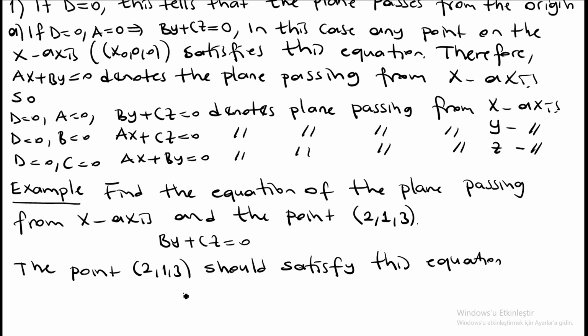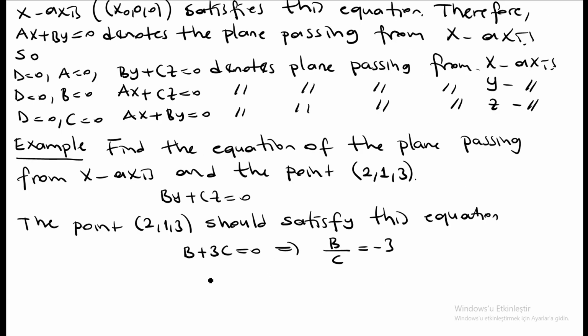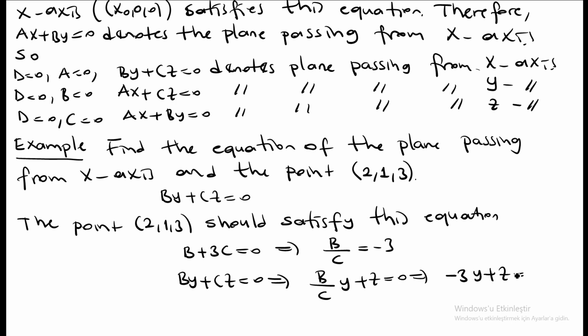So you have B plus 3 times C equals 0, or we can write B over C equals negative 3. So now B times y plus C times z equals 0 becomes B over C times y plus z equals 0, or you can write negative 3 times y plus z equals 0. So this is the equation.